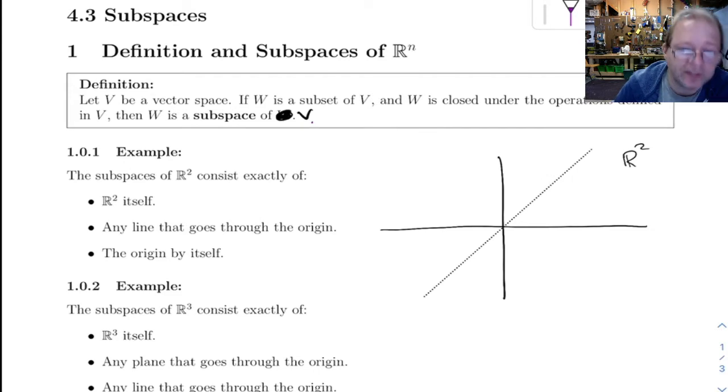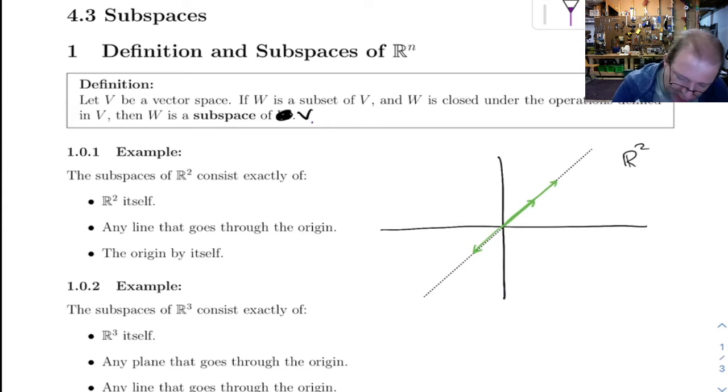If we look at the set of all vectors that lie on this line, and you take any of them and scale them, they're going to get longer or shorter, and they might change direction, but they're still going to lie on the line. And if you add two of these together, you're going to get something that's still on the line. So the vectors that lie on that line form a vector space, and they're within R2 and use the same operations. So the vectors that lie along this line are a subspace of R2.